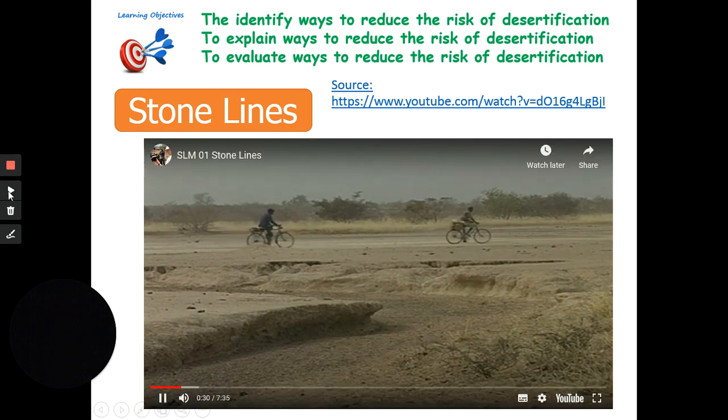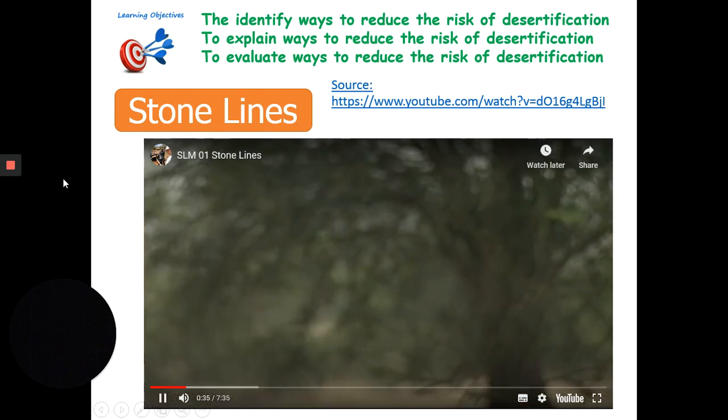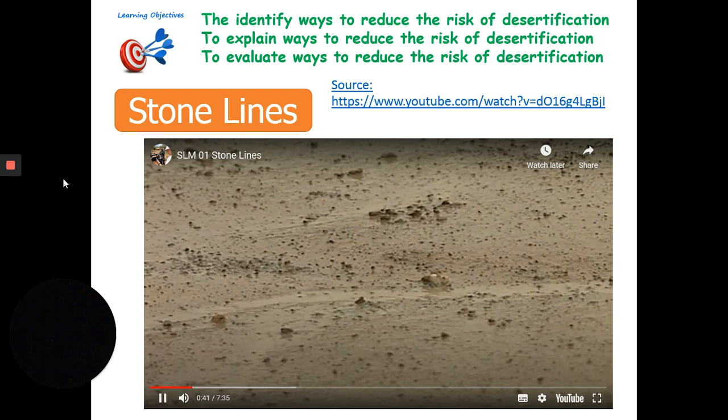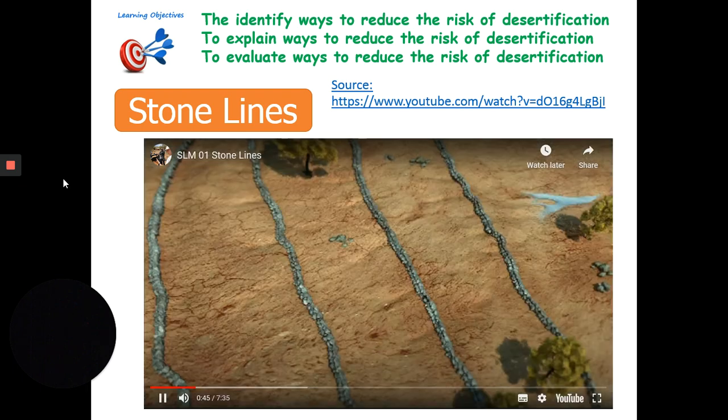Even when rain fell, it ran off the compacted surface, carrying nutrients with it. But here was an opportunity as well. The abundant surface stones could be arranged in lines across the contour to slow down and spread that flow.